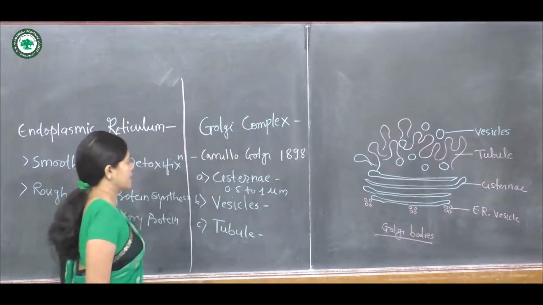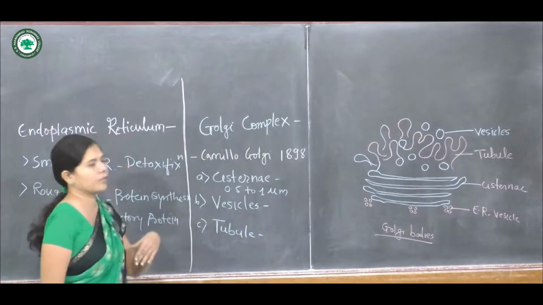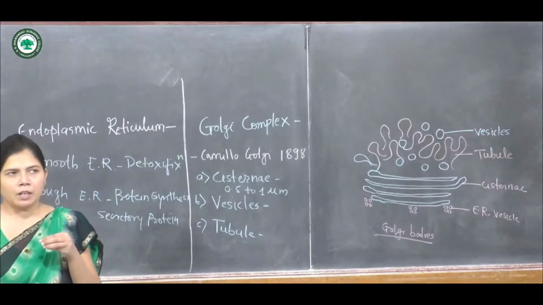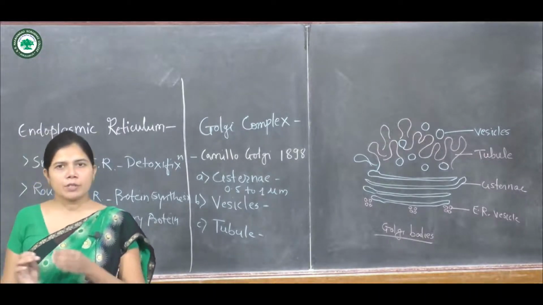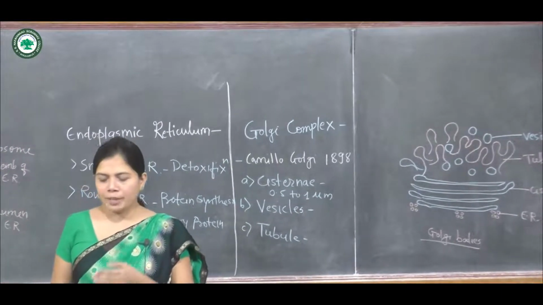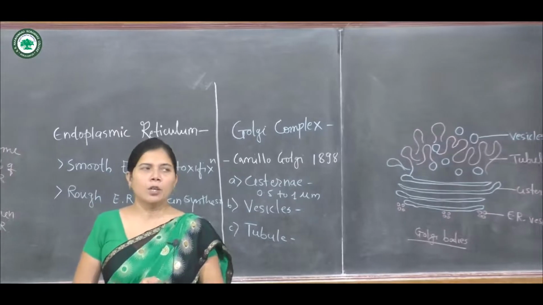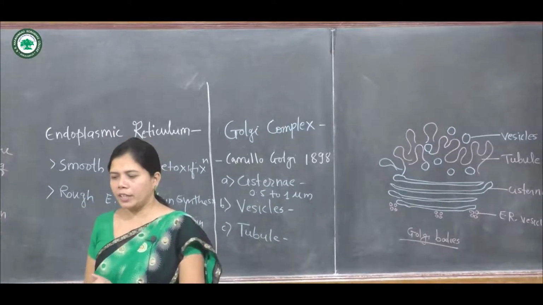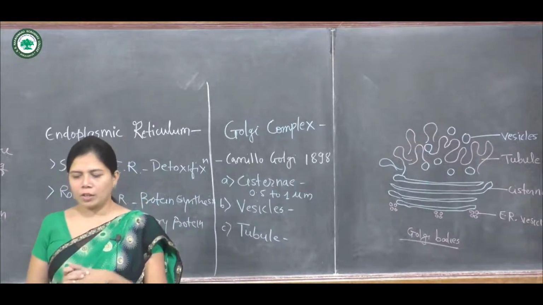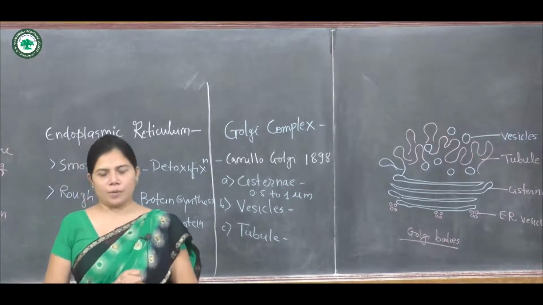The cisternae may have different structure and function, and the molecular composition of the two membranes of the Golgi sac differs from one to another.